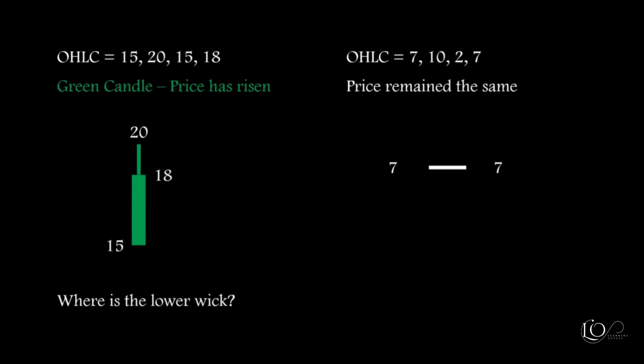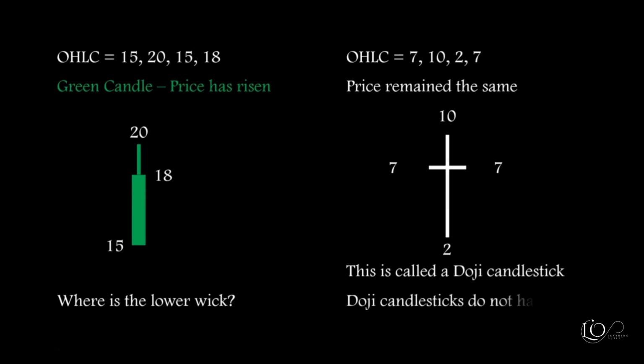However, we do have an upper wick. It goes up to 10 and then it goes down to 2. So it looks something like a cross, but it doesn't have a body. This kind of a candlestick is called a doji candlestick. Now, doji candlesticks do not have a body.